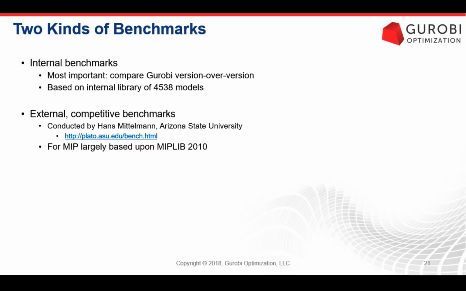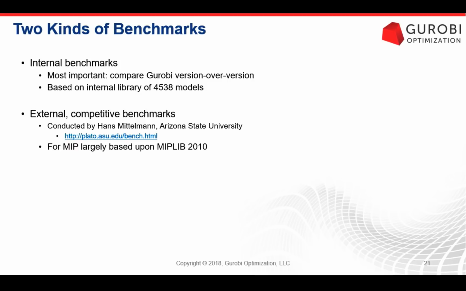And for MIP, we've got a set of about 4,500 models that we use for our benchmarking. And we view these internal benchmarks as the most important benchmarks we do. So ultimately, we're looking at a very fine grain at whether changes to the code are improving the product or making it better across this wide set of problems.